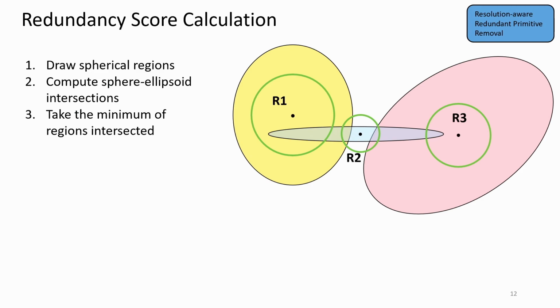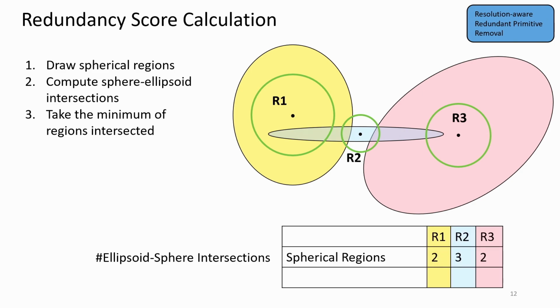Then we want to find for each region how many ellipsoids intersect it. For R1 and R3, this number would be 2 because they are intersected by only 2 ellipsoids, while for the middle one, R2, this number would be 3 because it's intersected by all 3 ellipsoids.